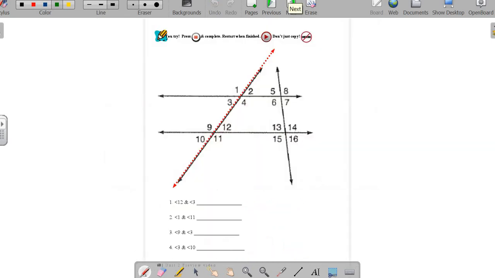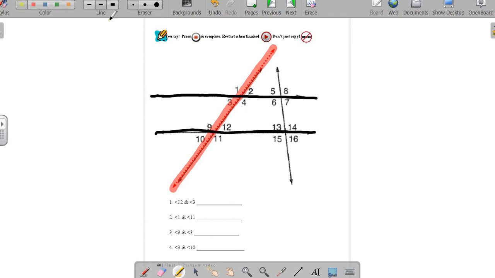This page you're going to do on your own. Notice your stir stick, or your transversal, is changing. So now you're working with this as your stir stick, which means the lines you are cutting across are these lines right here. And what constitutes interior would be going this way.